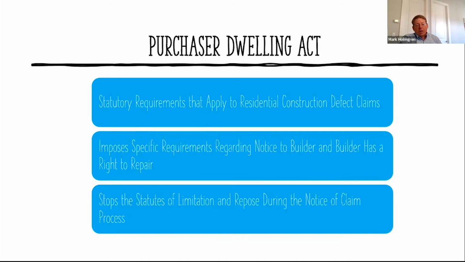But this statute does stop the statute of limitations from running when you send the notice of claim. The provisions in CC&Rs don't say that. So this only applies if the CC&Rs are silent on this issue. So don't expect that just because the Purchaser Dwelling Act says the time period is tolled because you send a letter, that's how it works under most CC&Rs.